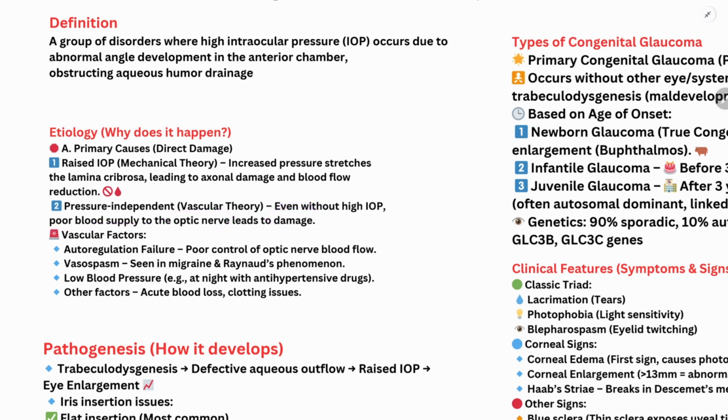And vascular factors are autoregulation failure, meaning there is poor blood supply to the optic nerve. Second one, vasospasm. It is mostly seen in migraine and Raynaud phenomenon. Third one is low blood pressure. And there are other factors also which lead to this damage.